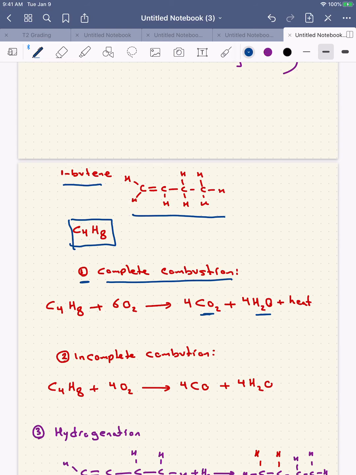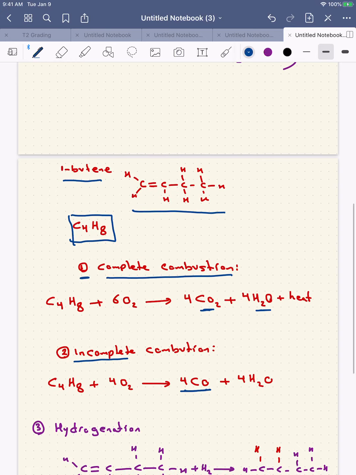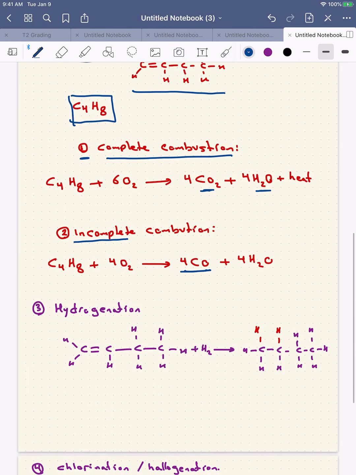The second case, when you have an insufficient amount of oxygen, is incomplete. In that case, the same reactants, except you have to produce carbon monoxide and water, and then the number of oxygens will be different to indicate you don't have enough, or incomplete.